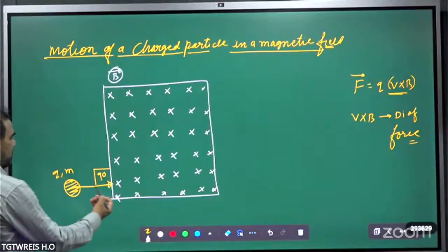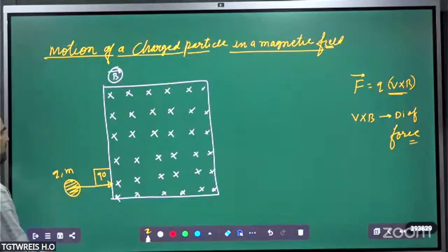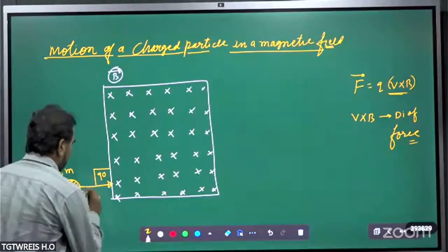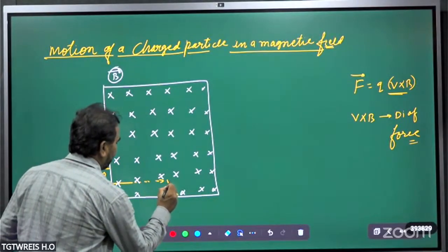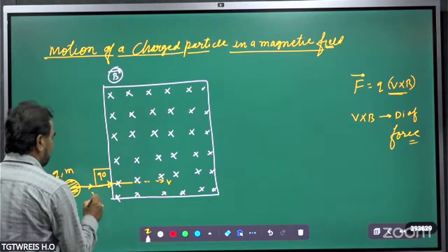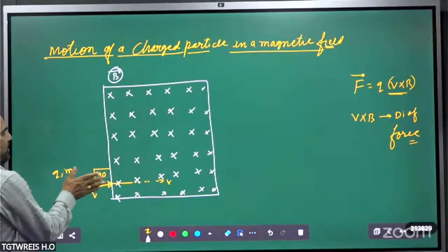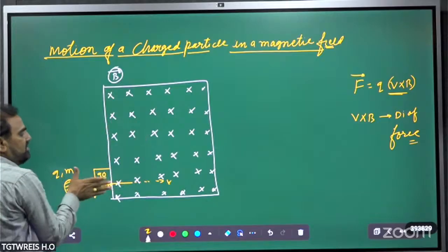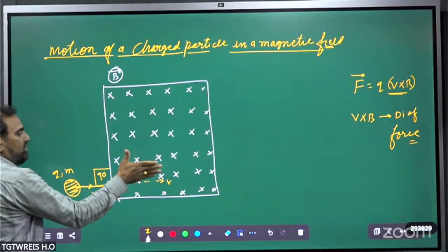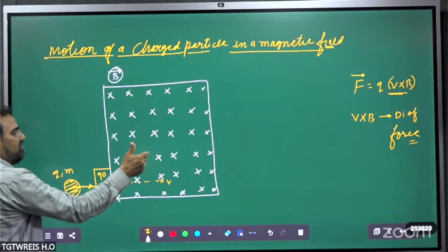It is projected perpendicular to the magnetic field with velocity v. When it enters into the magnetic field, the force will act in the upward direction. This is the direction of motion of the particle, and this is the direction of the magnetic field.